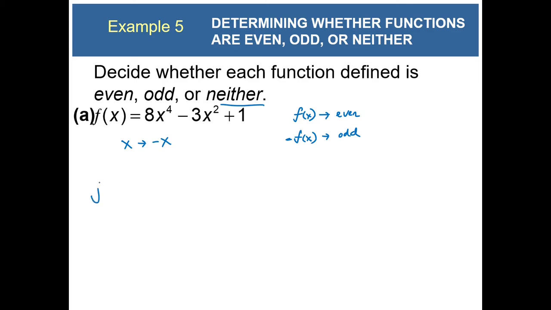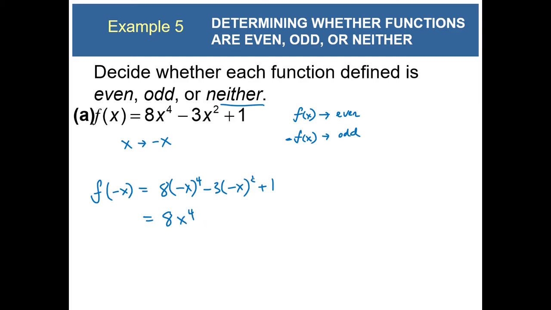So let's plug in negative x for x. f of negative x equals 8 times negative x to the fourth minus 3 times negative x squared plus 1. Negative x to the fourth, since this is even, is going to be a positive x to the fourth.